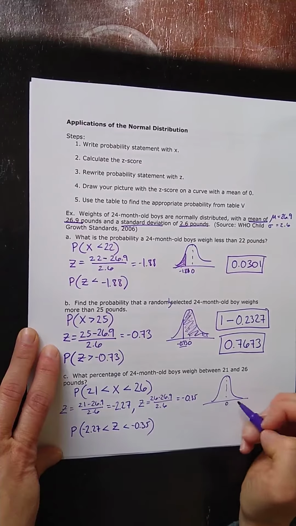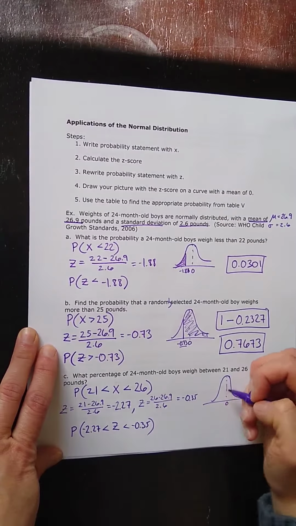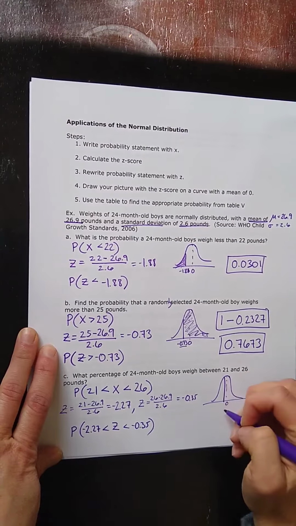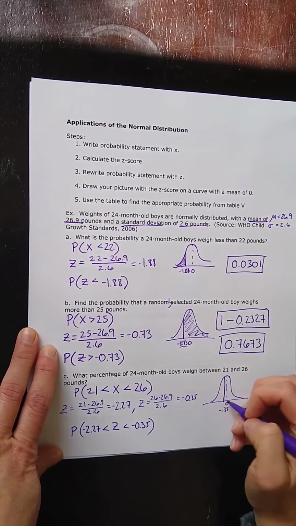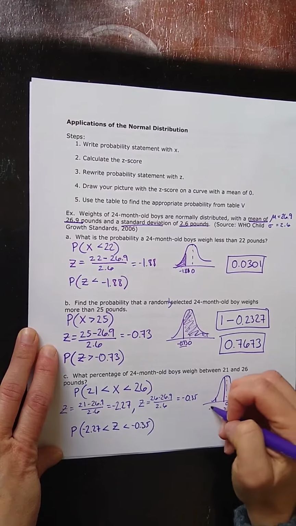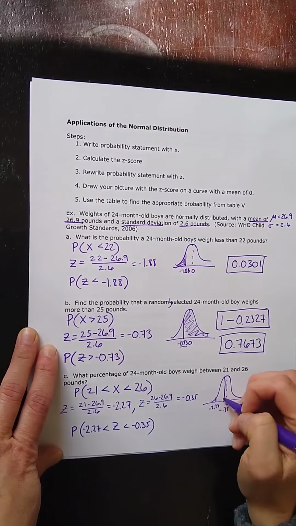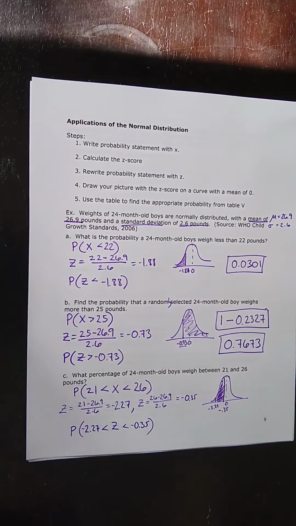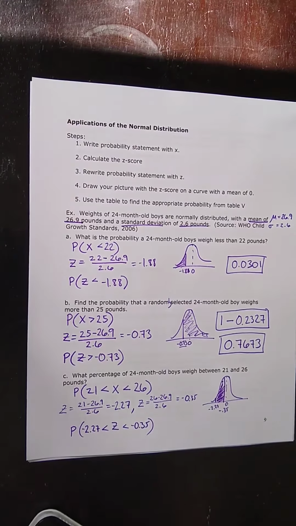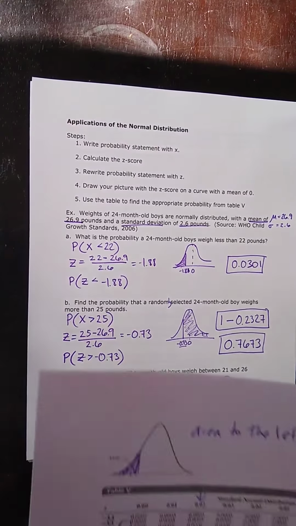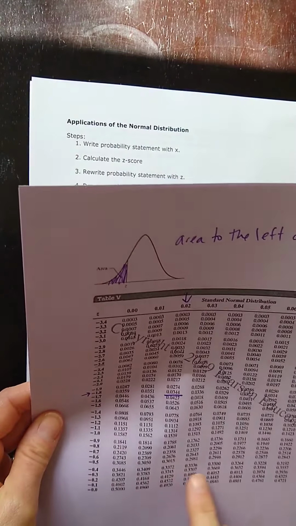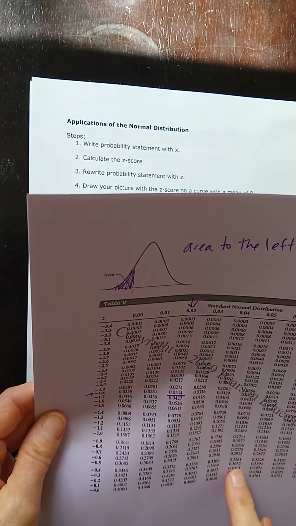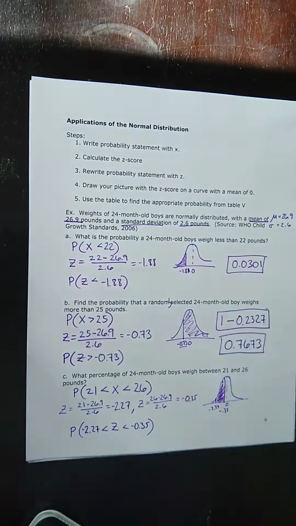So here's z, 0. Negative 0.35 is pretty close to 0. Negative 2.27 is back there, and we're looking for this area in between. So we're going to look up the two table values and subtract them. So first look up the negative 0.35. 0.3632.